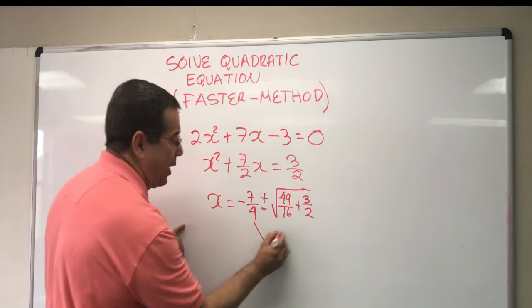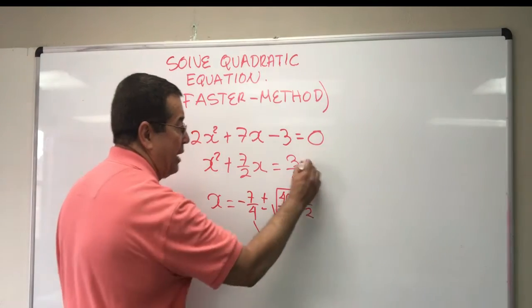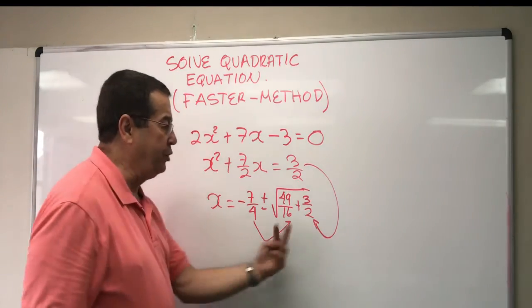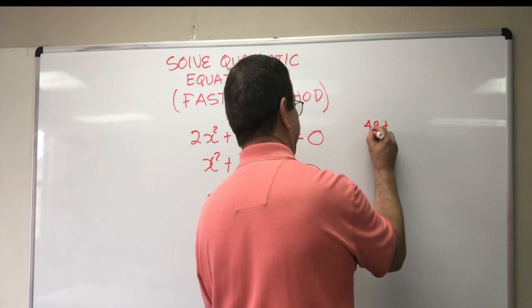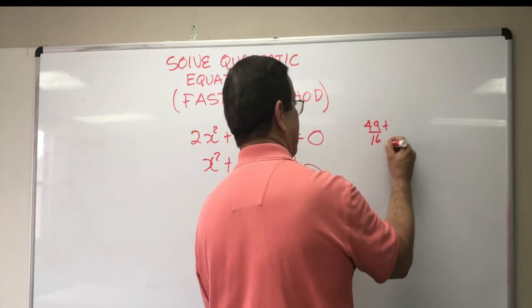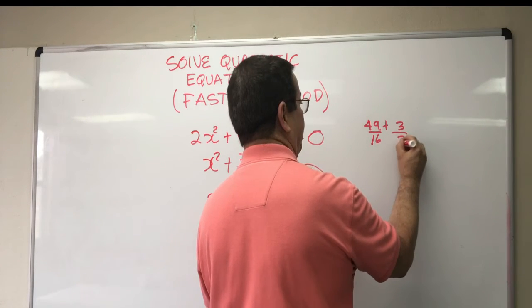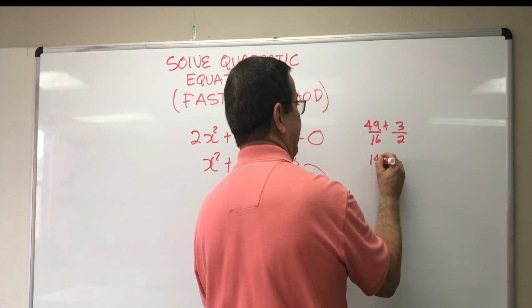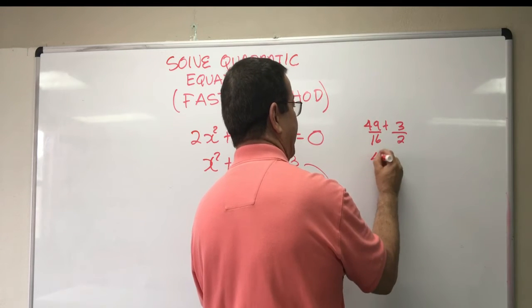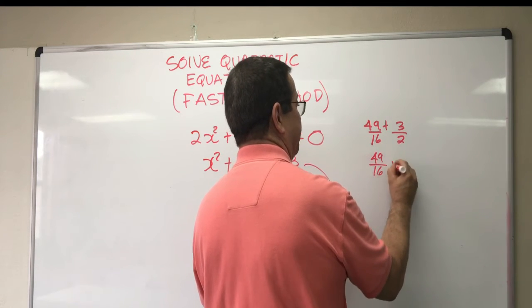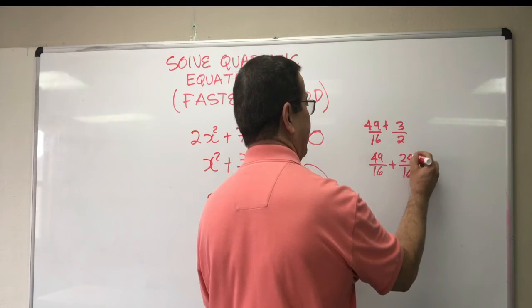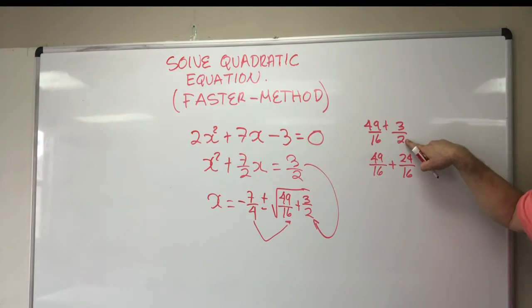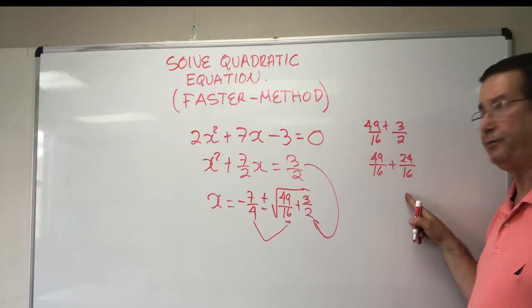Now you get the square of this plus this one. 49 over 16 plus 3 over 2: 3 over 2 becomes 24 over 16, because you multiply by 8 to have the same denominator.